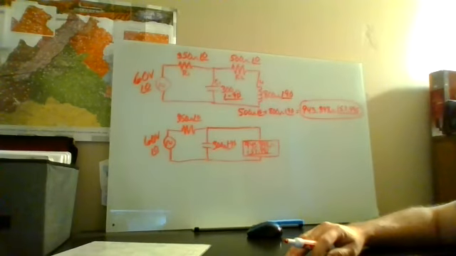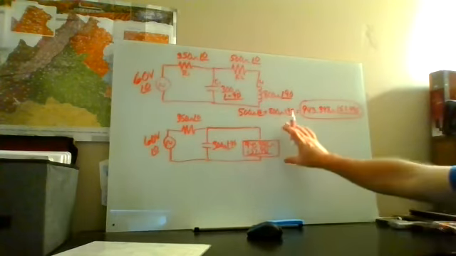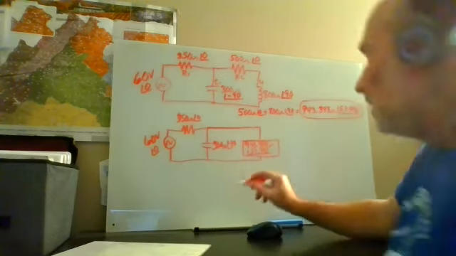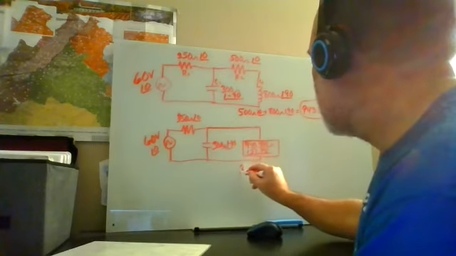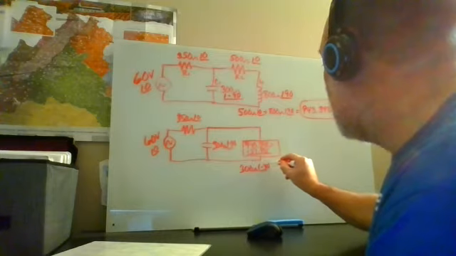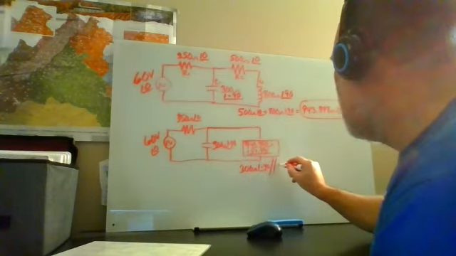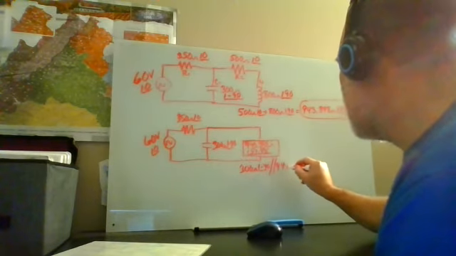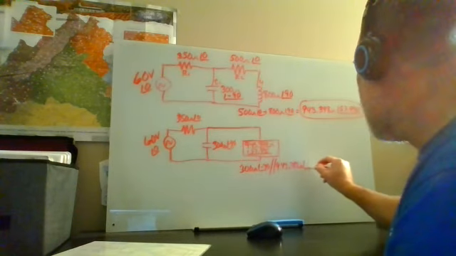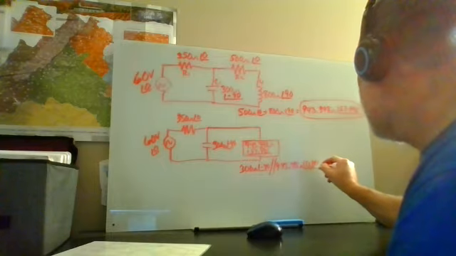So now I'm going to look at it. I still have a series parallel circuit. So I start farthest away. 943.398 ohms at 57.995 is in parallel with my capacitor. So I got 300 ohms at an angle of negative 90 in parallel with 943.398 ohms at an angle of 57.995.